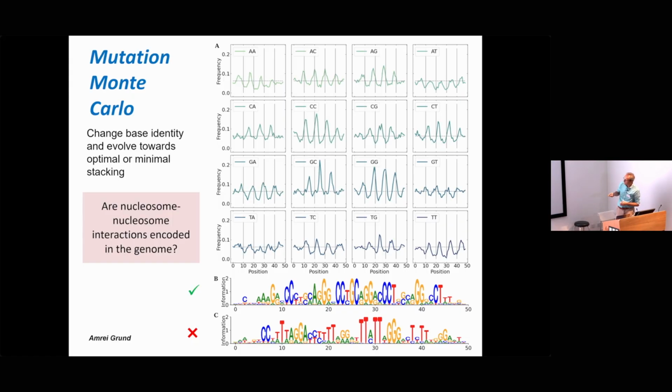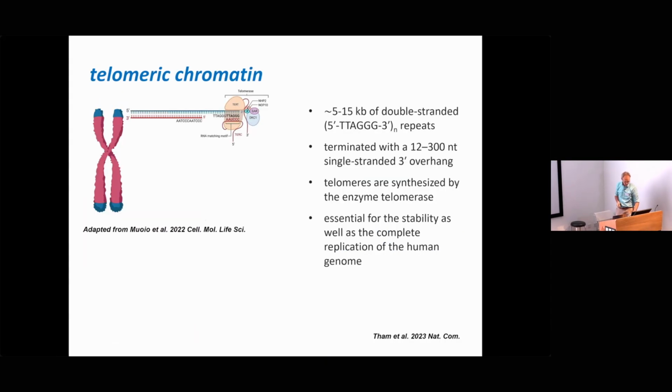You can see a 10 base pair periodicity for the different dinucleotides here that either promote stacking or not. And that's all encoded in the genome, which makes it possible that genomes can evolve higher order structure, right? We're actually testing these sequences as we speak, so I hope that it actually matches our predictions here.